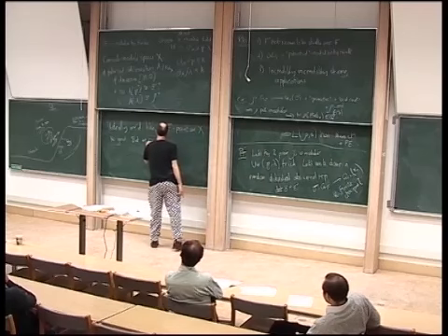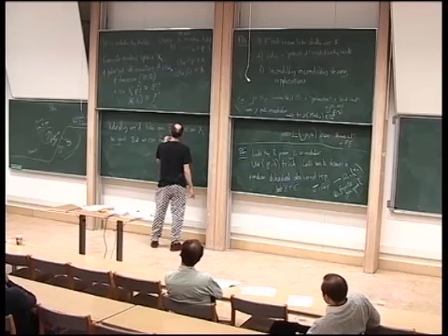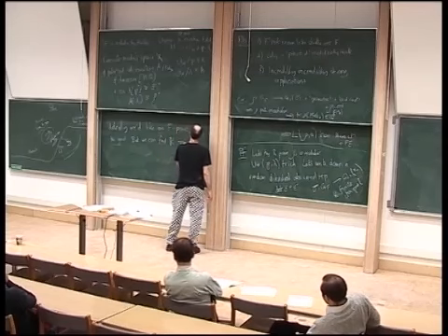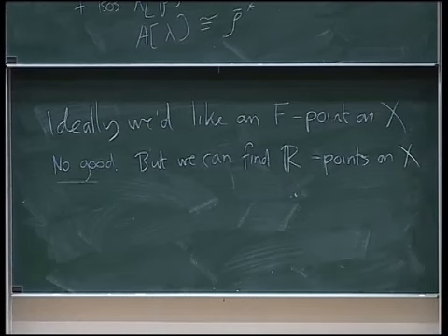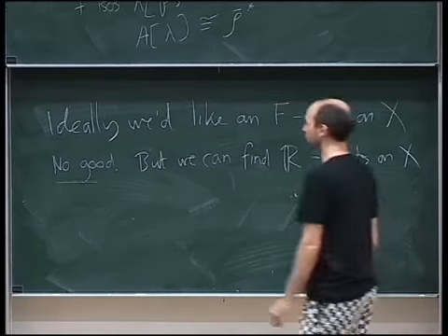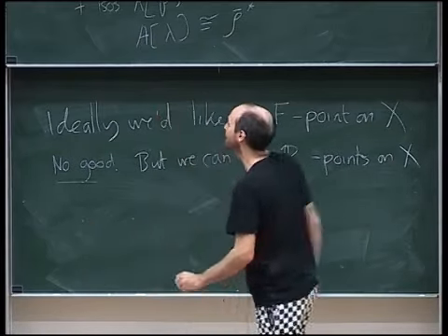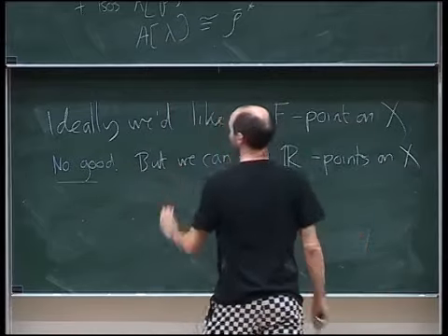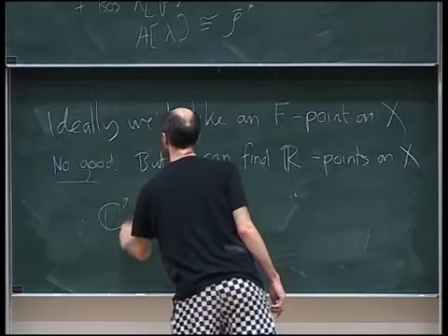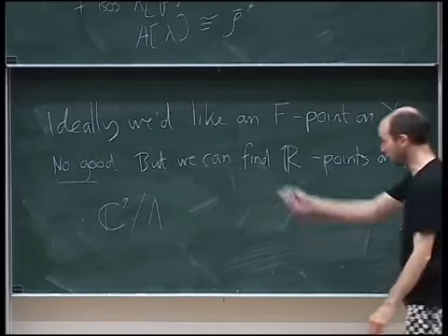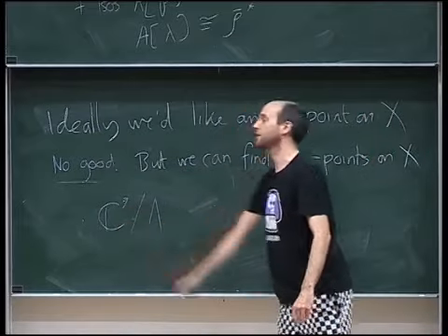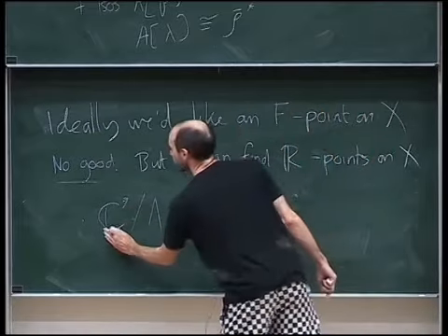But we can find R points. We can find R points on X because building abelian varieties over the reals isn't that difficult. Again, Swinnerton-Dyer taught me how to do this as well. You build complex abelian varieties by looking at C^g modulo lambda. To make sure the abelian varieties are defined, with some condition, you need some positionally holomorphic functions.